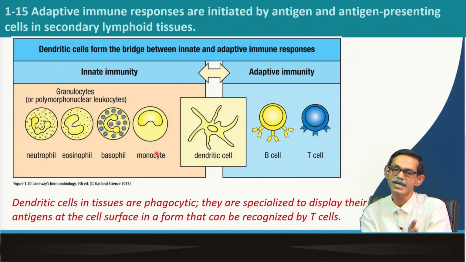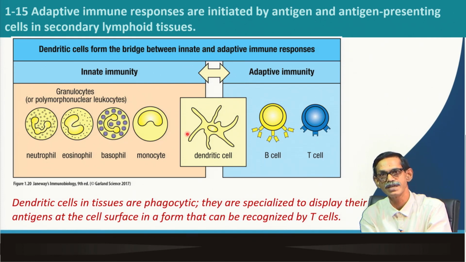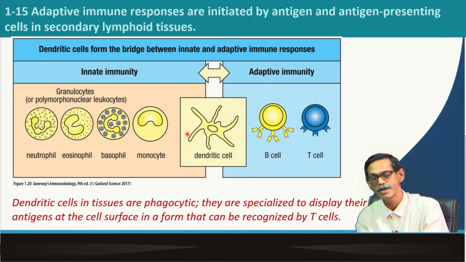So, they are handling this at the site, while the dendritic cells bring some of the antigen to the lymph node where B cell and T cell see it and do their job.